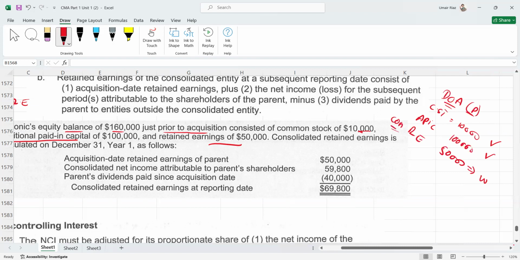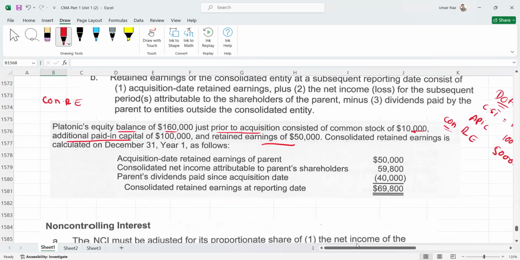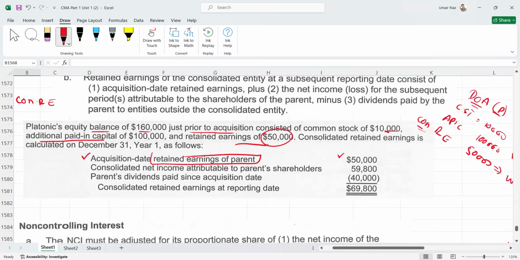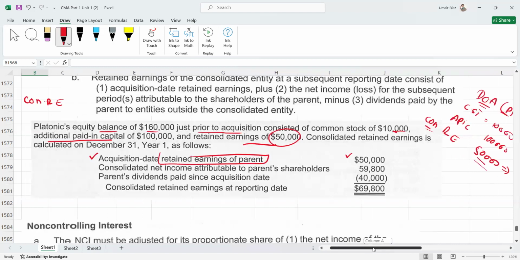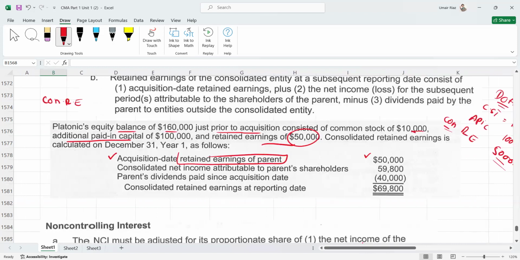And how will you calculate consolidated retained earning? First, you take the retained earning amount of the parent at the date of acquisition, which was 50,000. Then we add consolidated net income attributable to the parent shareholder, which you get from the consolidated income statement.